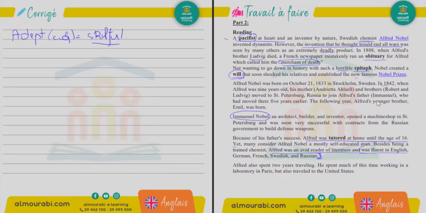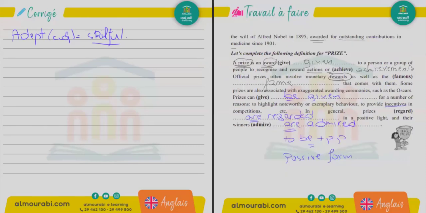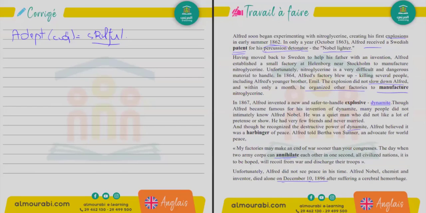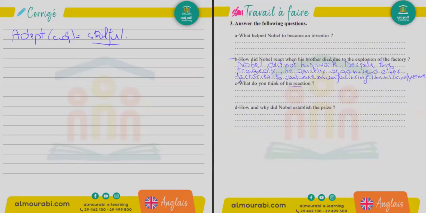So it's evident that his father's success as an inventor and a businessman, also his self-education, those things helped him become a famous inventor. Self-education and background. Very good.